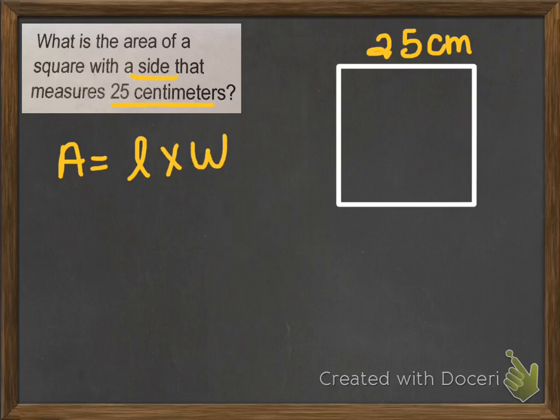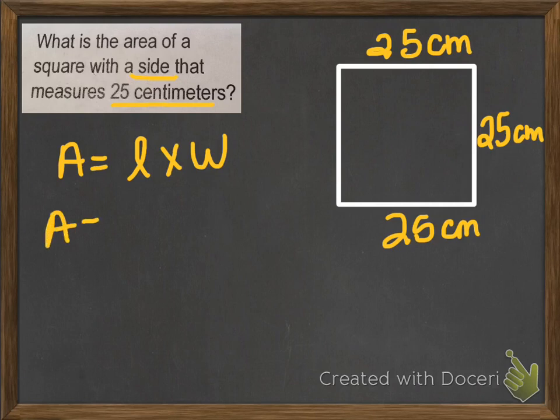Knowing that a square has the same measurement on each side, every side will be 25 centimeters. But we only need 2 of them because we're looking for the area. So here, area is going to equal 25 times 25.